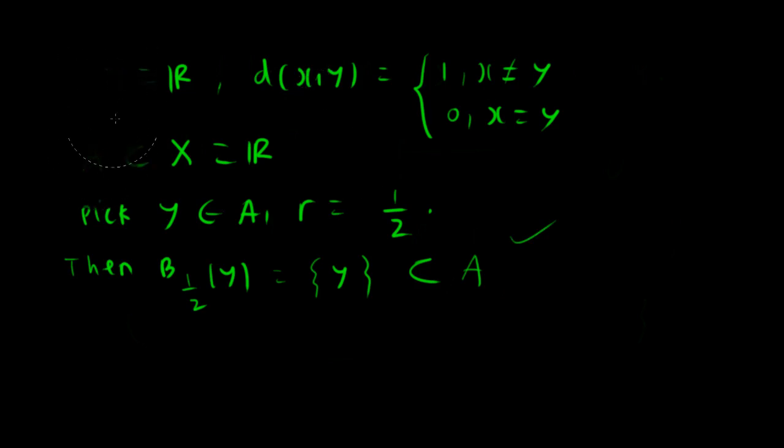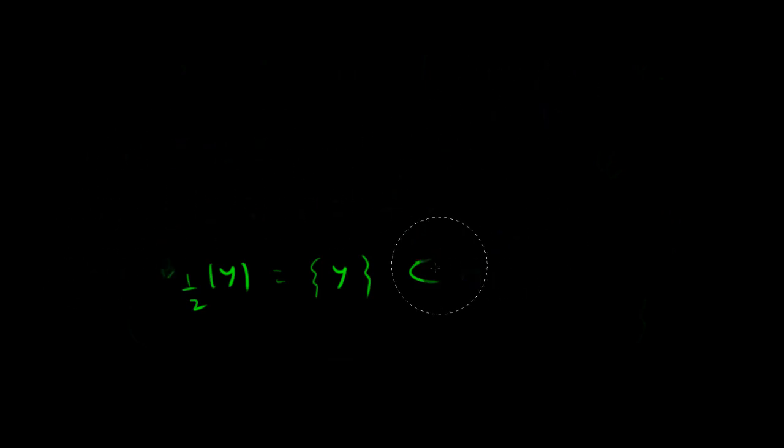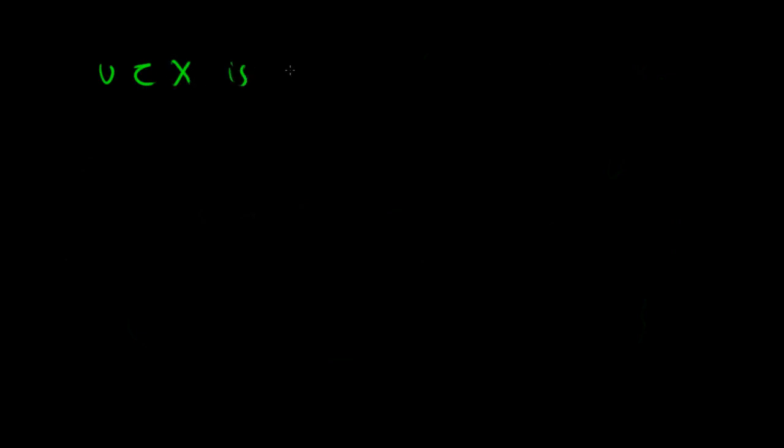Okay, now let's have a look at closed sets. So you might have an idea of what a closed set might be, but let's take U, a subset of X. U is closed if X without U is open.